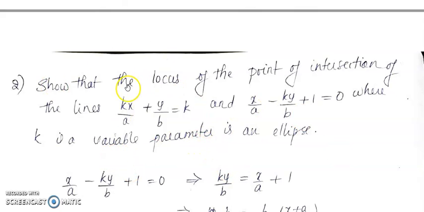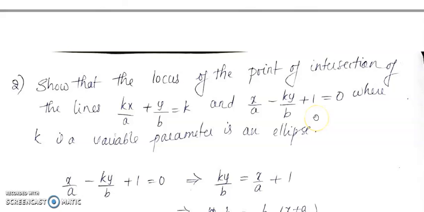So you need to show that the locus of the point of intersection of these two lines will form an ellipse. So here, the ellipse will be the set of all points x, y such that it satisfies both the equations. So the point of intersection is what will give us the ellipse.